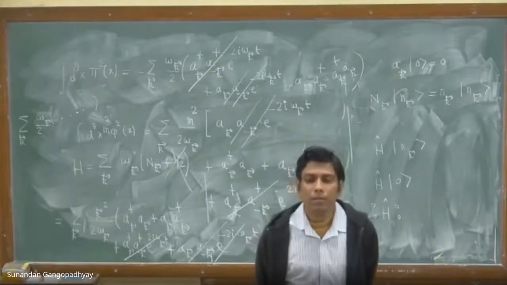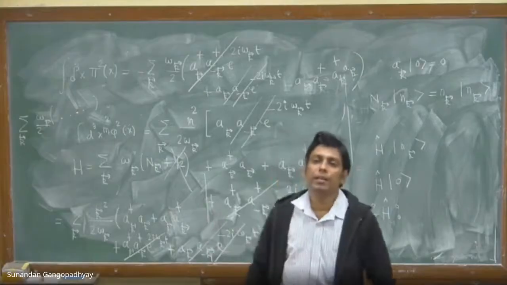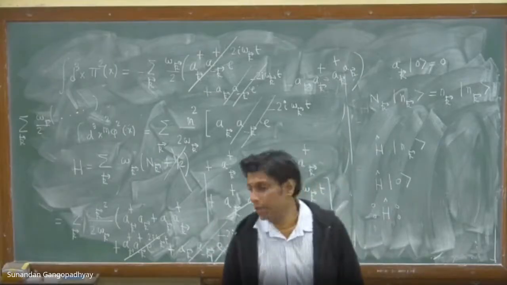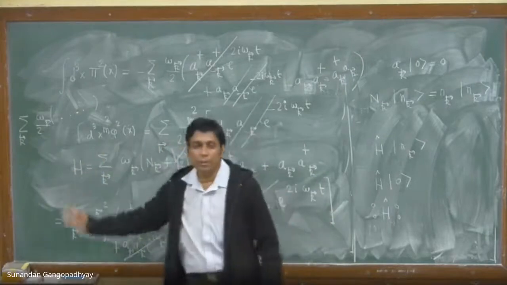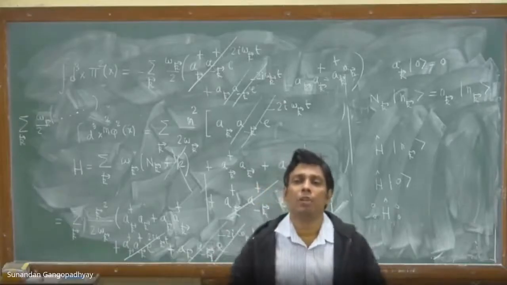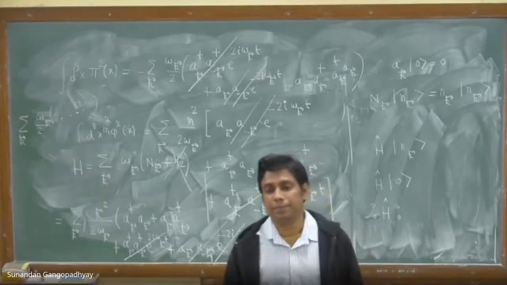It turns out that the field is actually made up of infinitely many simple harmonic oscillators. The result that we have here gives this interpretation: infinitely many simple harmonic oscillators with number operators labeled by k.